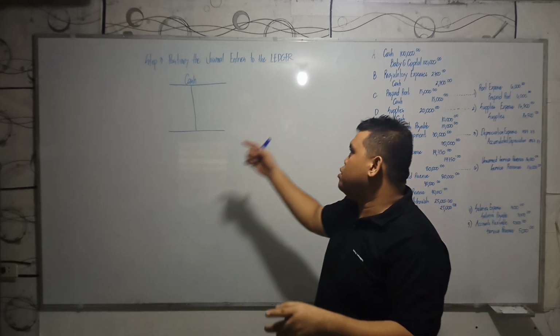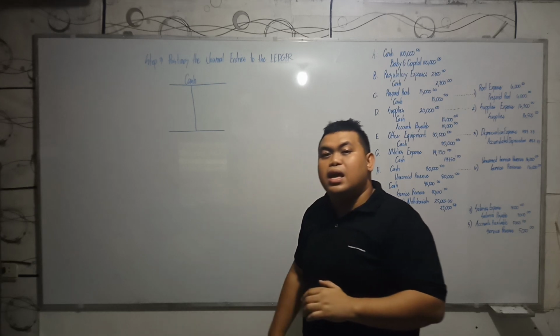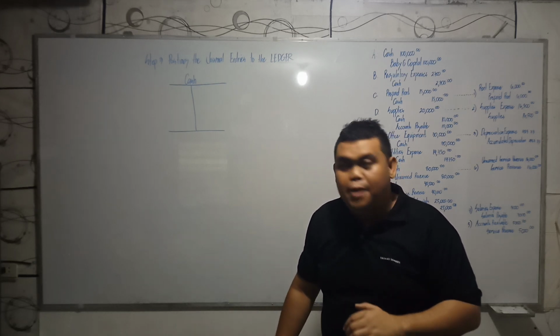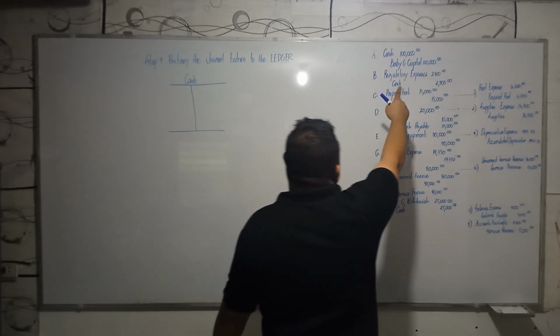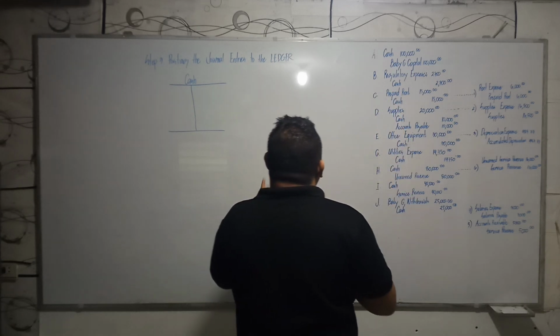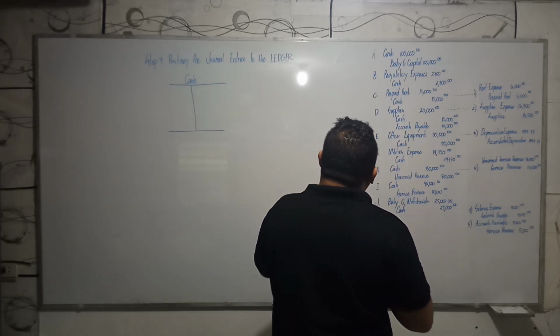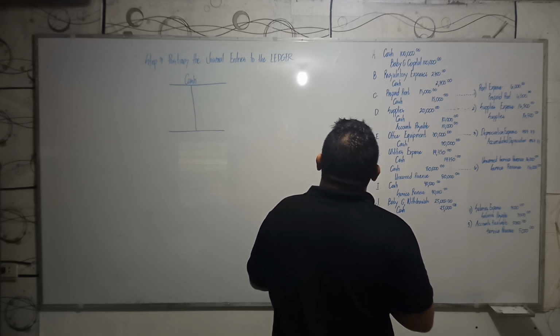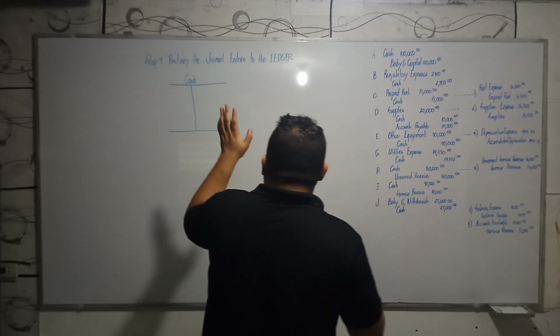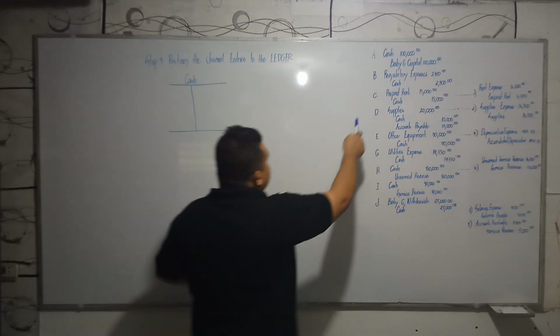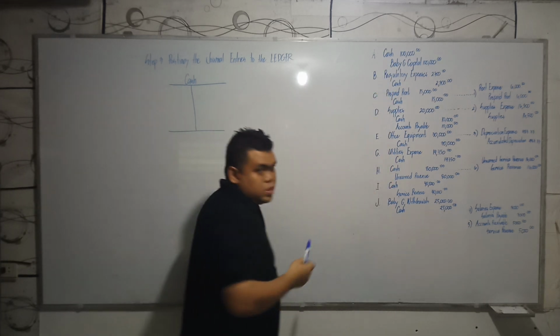So, again, step 3, our goal is to get the unadjusted balances. Let's have transaction letter A. So we have cash 100,000 and Baby G capital 100,000. So actually, in posting that, there should be a T account for each of the accounts that you have used.